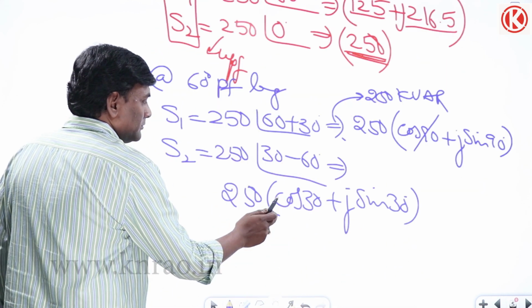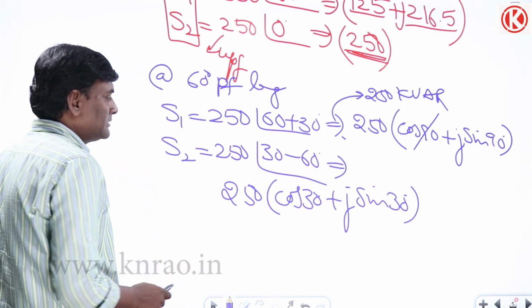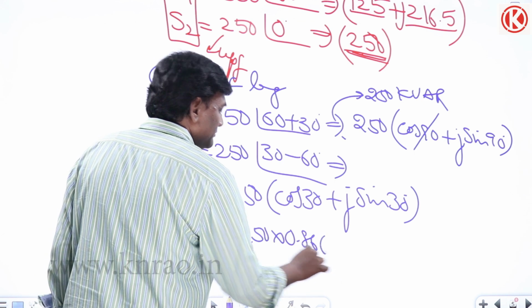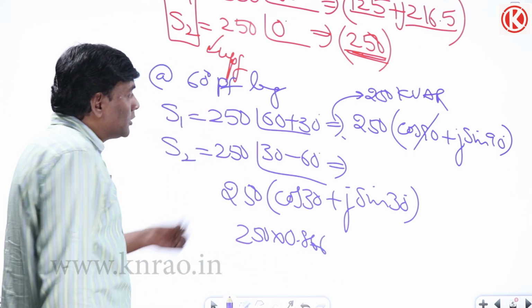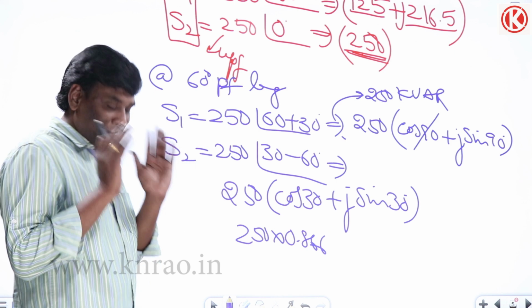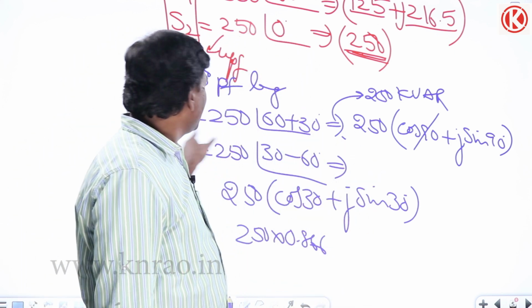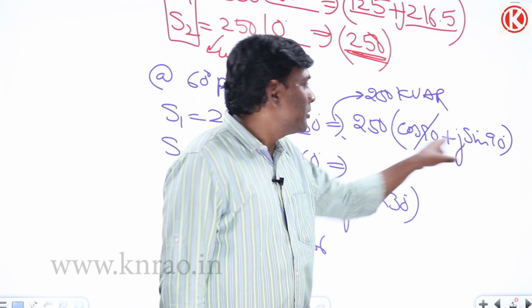Cos 30 is root 3 by 2, so 250 into 0.866 is the active power it supplies. Don't think about the minus sign; think of whether reactive power is being supplied or not.